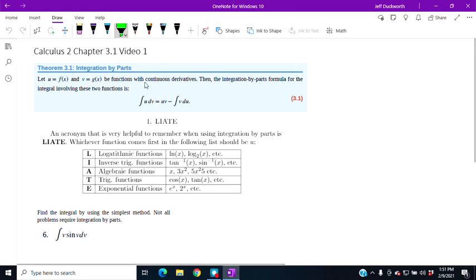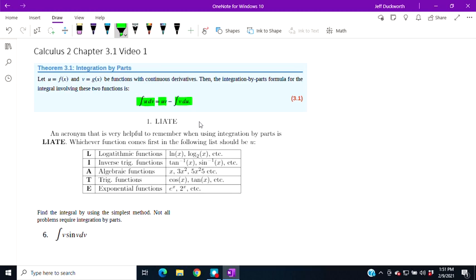If you take the integral of u with respect to dv, it equals uv minus the integral of v du.